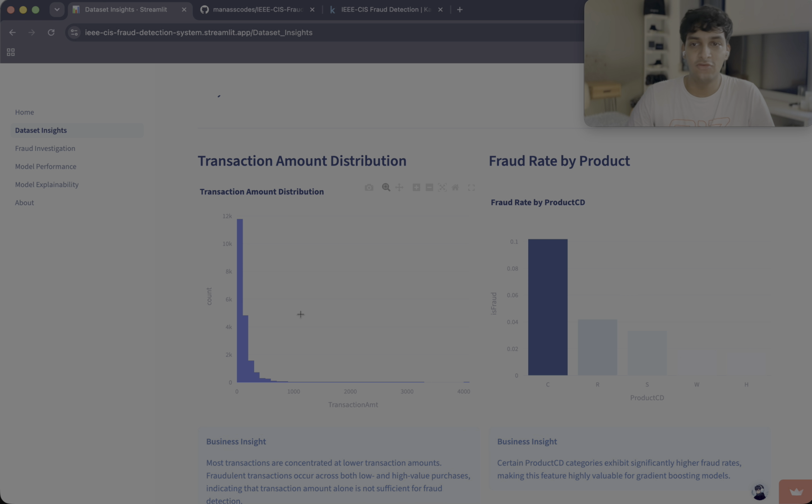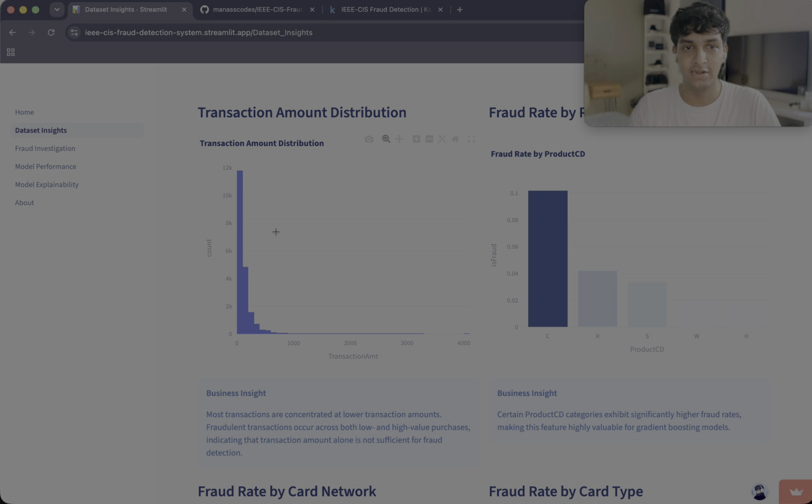We'll move to the first feature which I have taken into consideration: the transaction amount and the count of transactions done over a month. You can see this distribution is highly right skewed, which means the data is extremely concentrated on the left side and the right side is pretty much empty.